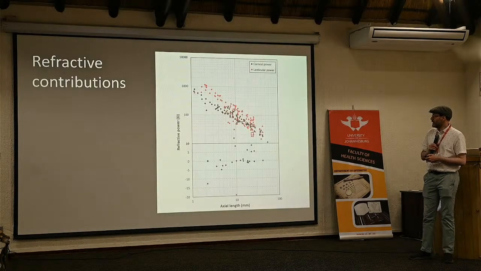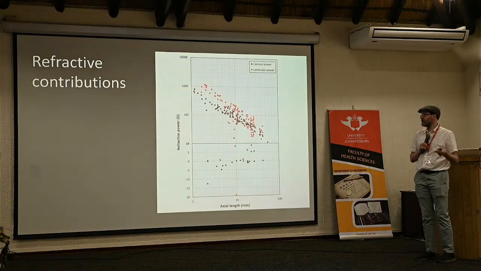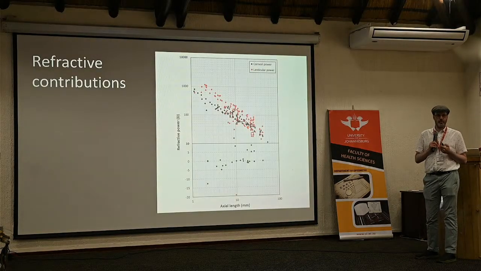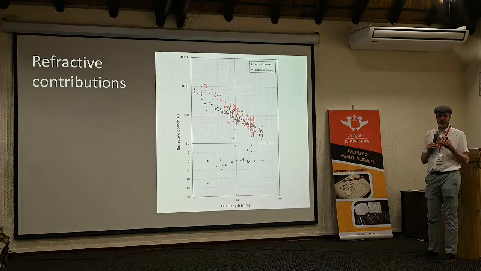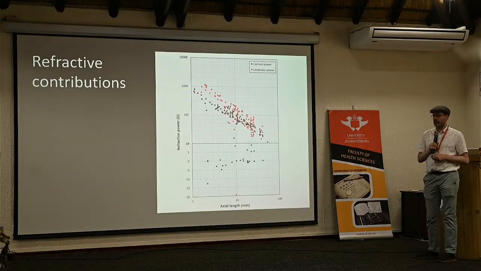So we can look at the different refractive contributions. Like I was saying a couple of days ago about the pseudo eye, there is an importance in the balance between the corneal contribution to the refraction of the eye and the lenticular one. And the red ones are the lenticular contributions, the black ones are the corneal contributions.